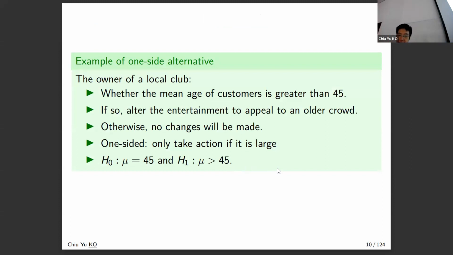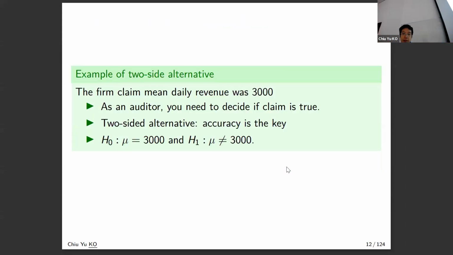If less than, they will keep what they are doing, but if older than, then they will change. That is very simple to decide. And as I said, if you are an auditor, you want to make sure that what has been claimed by your client, which you are willing to attest, is accurate.